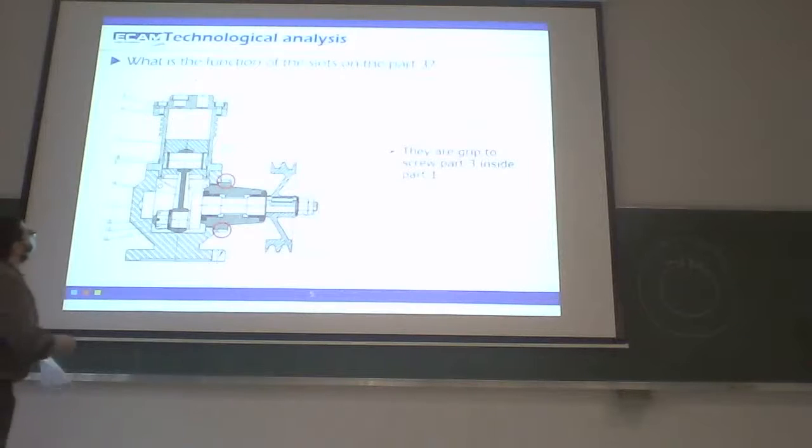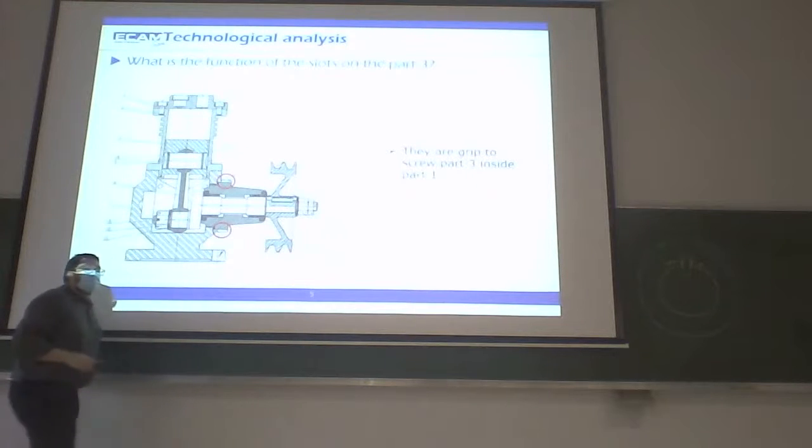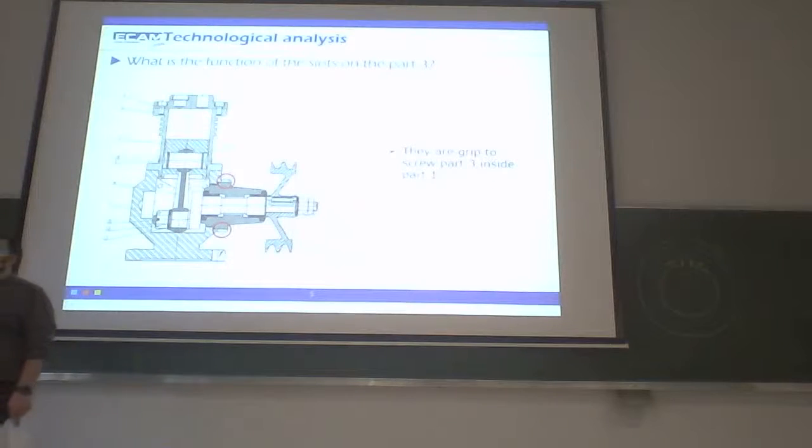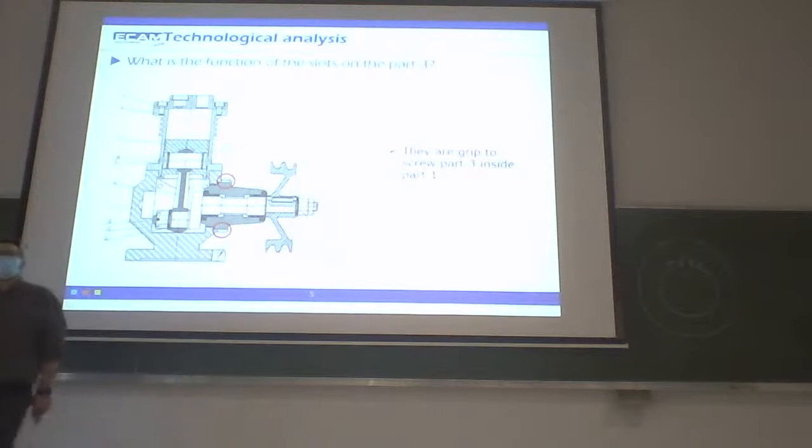3 is screwed inside part 1. How do we know that? Because we have here the representation of a threaded element. Inside 1, we have a threaded hole. Part 3 has an external threaded cylinder.